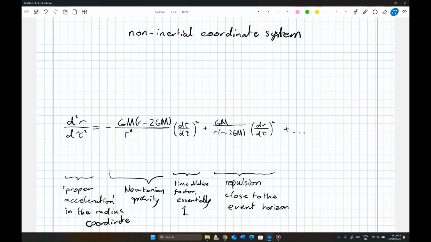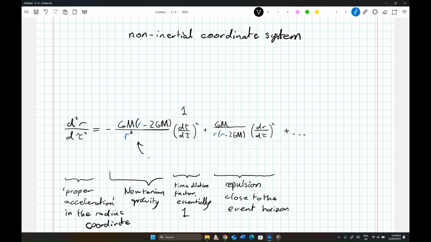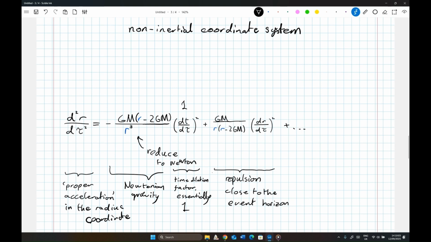So don't worry about this guy. It's a constant. It's just one in easy cases. And this guy will reduce to Newtonian gravity. And we have an extra term, which is a seemingly repulsive force that is close to the event horizon.